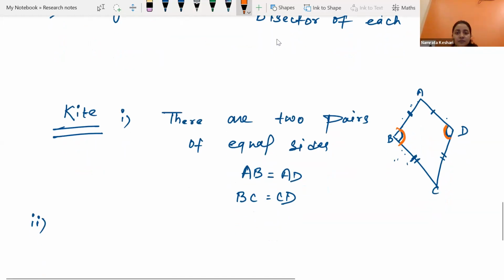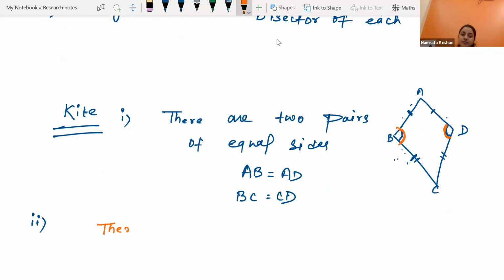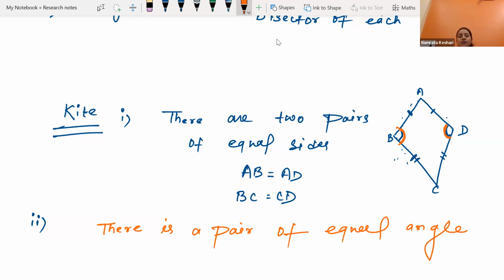Getting it? Yes, ma'am. There is a pair of equal angles. If you want, you can write it as: the angle between two non-equal sides will be equal.